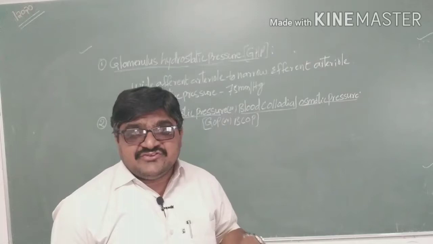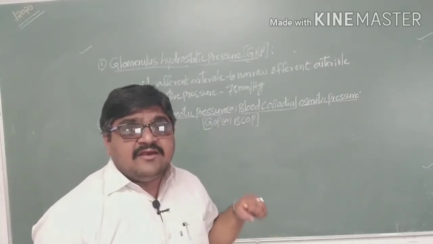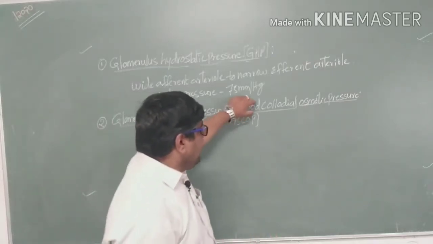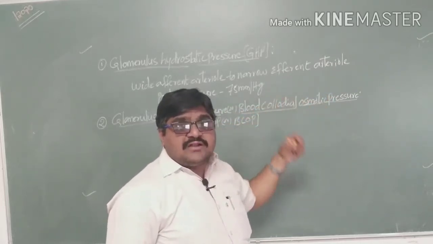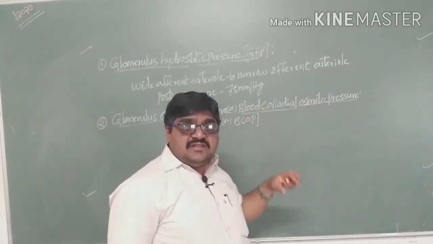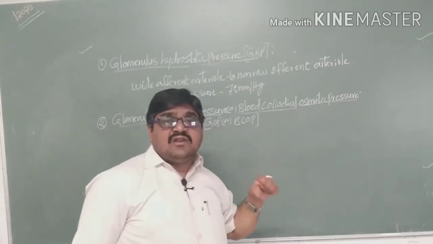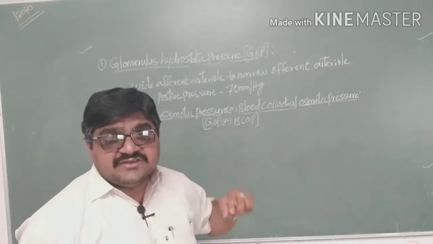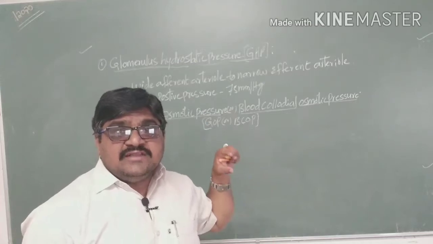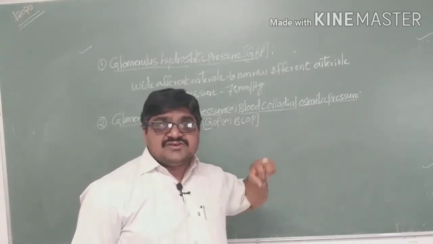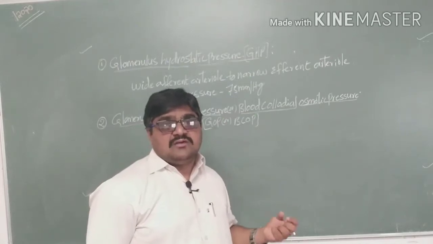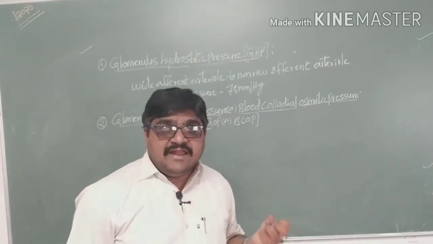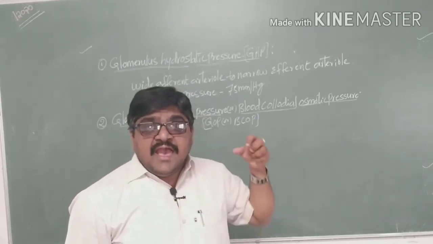So this is called the blood colloidal osmotic pressure. Due to the osmotic pressure, the proteins present in the blood are helpful for the filtration of water present in the blood. That means the water present there helps the filtration.